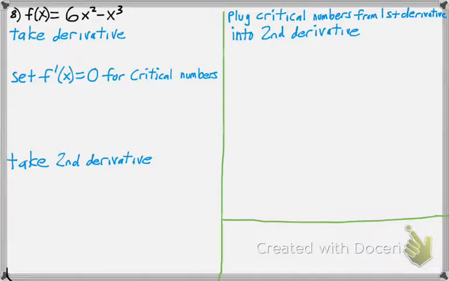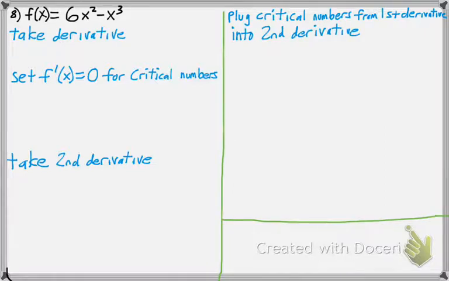So if you look at the box above it, it says that a critical number is a local max if the second derivative is negative when you plug in that critical number. It's a local min if the second derivative is positive when you plug in that critical number. That basically comes from the concavity. If the second derivative is positive, that means it's concave up, which means it would be in the shape of a minimum.